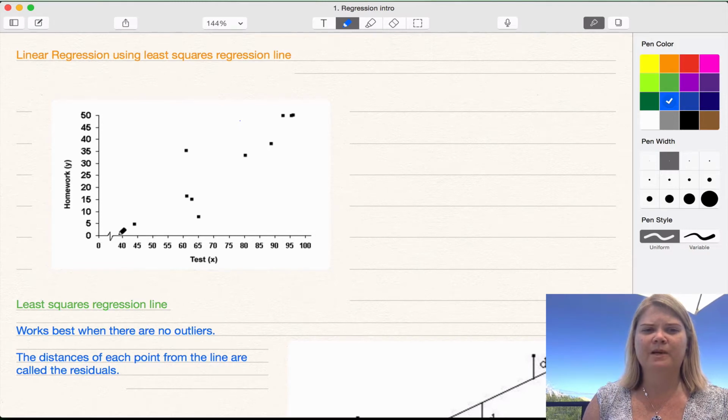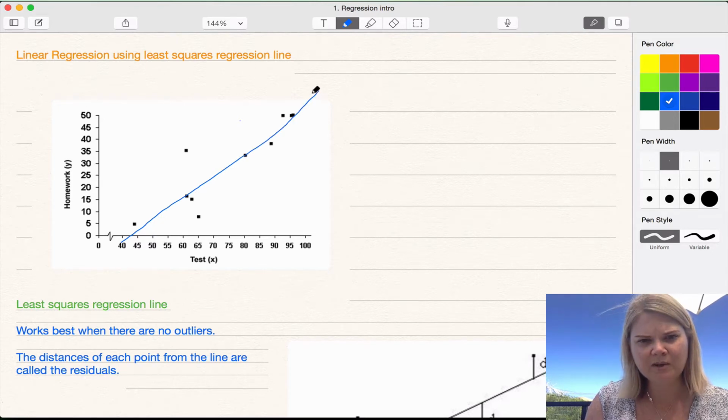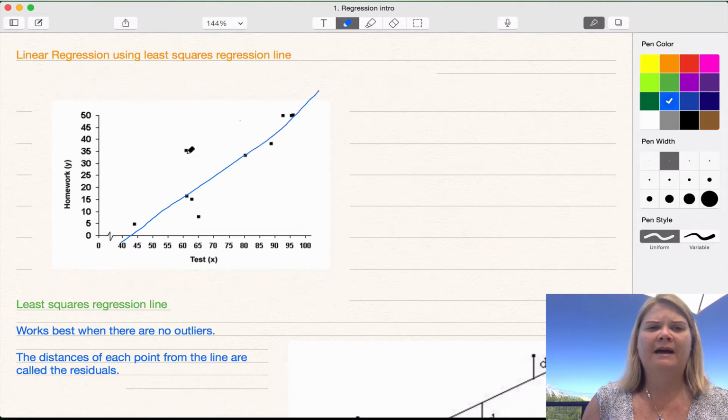That would be where you get yourself a ruler and find a line that has an equal number of data points on the top of the line and an equal number on the bottom of the line. I'm going to try and draw one without my ruler. It might look something like this. And here you've got 1, 2, 3, 4 on the top of the line, 1, 2, 3 on the bottom of the line. So I would move my ruler slightly to make that a better line of best fit.